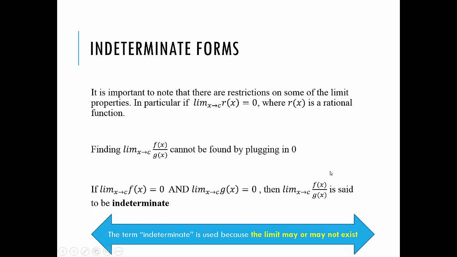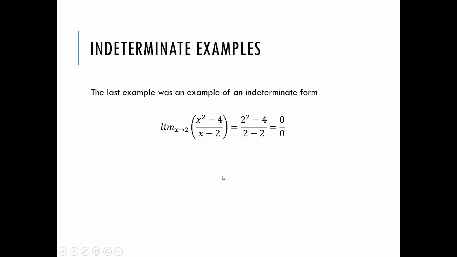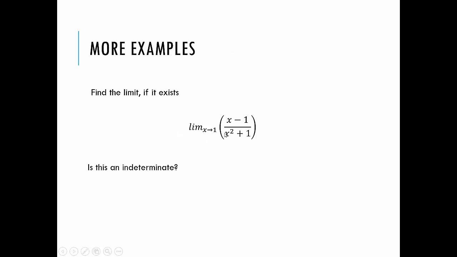Indeterminate is used because the limit may or may not exist. So the first thing we have to do is figure out, do we have something in indeterminate form, where you end up with 0 over 0? Well, in our last example, that's what happened. If I just straight plugged in 2, I end up with 0 over 0, which is indeterminate form. So what I have to do is see, is there something else I can do? Can I factor this? Is there another step? We're going to see some other little tricks to get out of this indeterminate form to be able to take a limit.